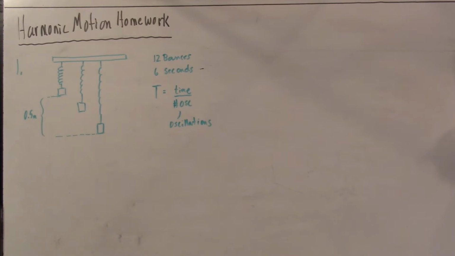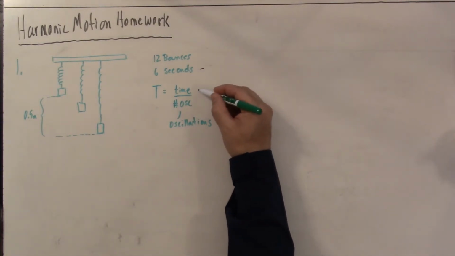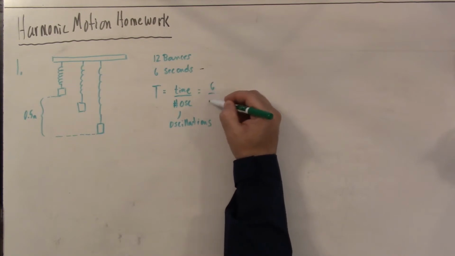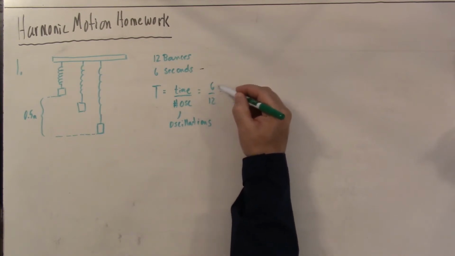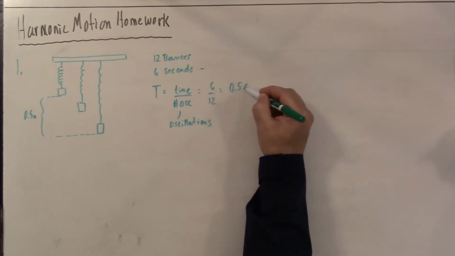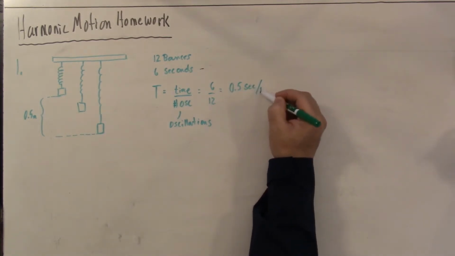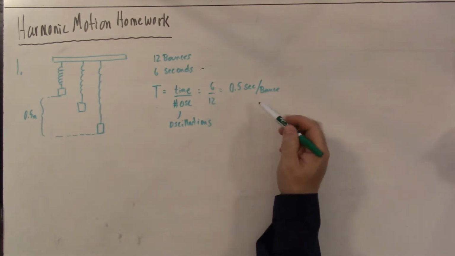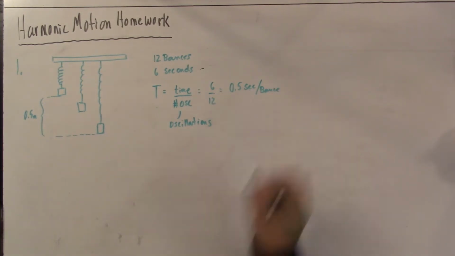So in a pendulum, it's a swing back and forth. In a bouncing spring, it's the number of bounces. And here it says it does 12 bounces in 6 seconds. So if I want to calculate the period, I'm going to take 6 seconds and divide by 12 bounces. And this gives me 0.5 seconds per bounce, which means that for every additional bounce, it takes an additional 0.5 seconds.